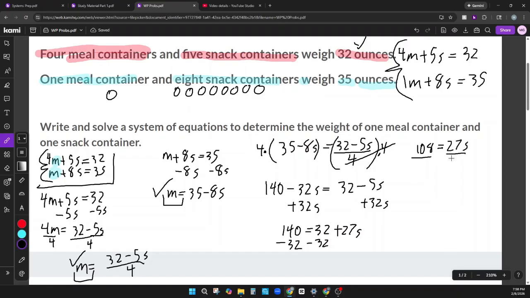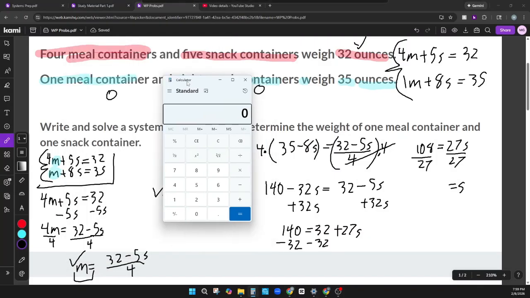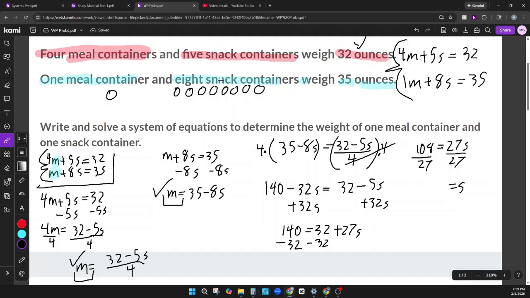I'm solving for s, so I'm getting rid of my 27. I divide, and I'm going to get s is equal to, grab the calculator, 108 divided by 27, and that's going to equal 4. So I get the very lovely answer of 4.